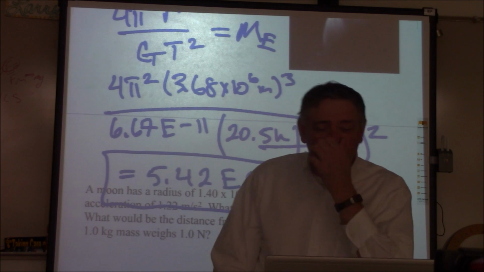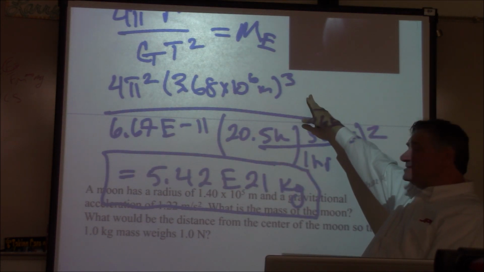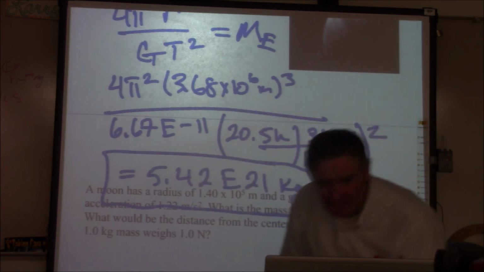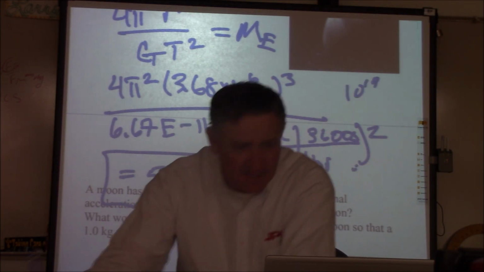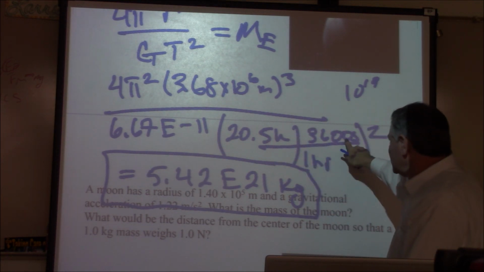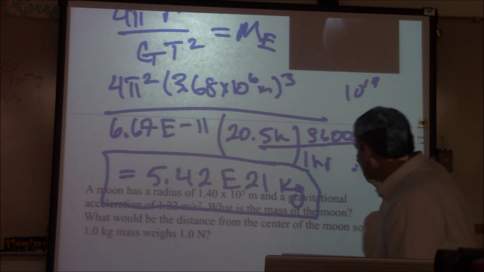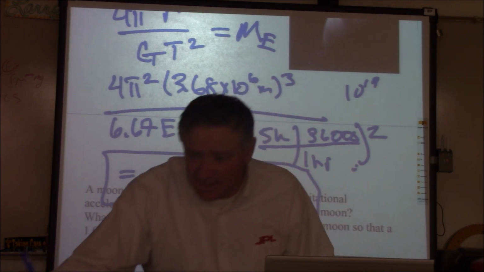But this is why you want to be able to look at this and go, oh, okay, 10 to the 6th, that's 10 to the 18th, right? I got 4 pi squared, that'll give me roughly 10 to the 19th. So up here, my exponent is roughly 10 to the 19th. Down here, this is like 2 to the 3rd, so I'm going to square that, that gets me 10 to the 6th. 10 to the 6th times 10 to the negative 11th gets me 10 to the negative 5th.